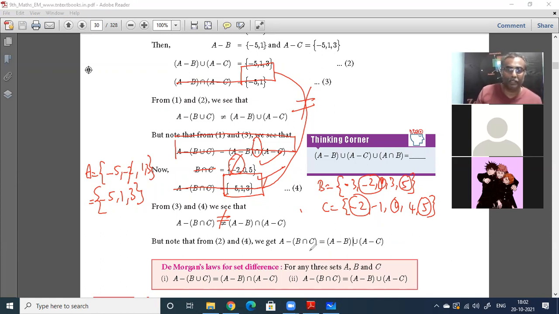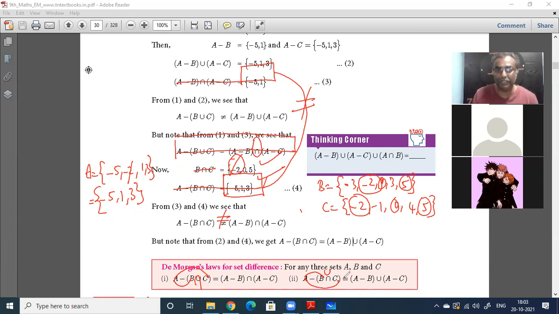Can we write it again? De Morgan's law: for any three sets A, B, and C, A minus (B union C) will be (A minus B) intersection (A minus C). For any three sets A, B, and C, A minus (B intersection C) will be (A minus B) union (A minus C).